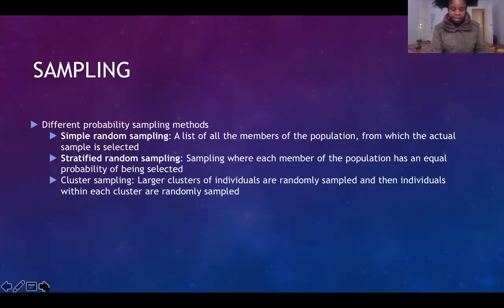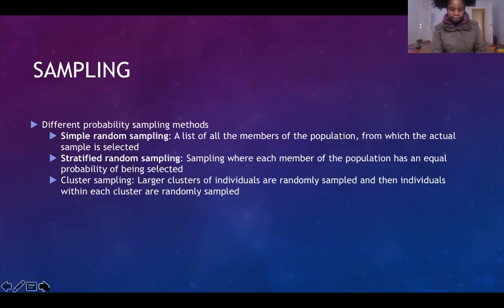So simple random sampling is done in such a way that each individual in the population has an equal probability of being selected for the sample. Stratified random sampling is one in which the population is divided into different subgroups or strata, usually based on a demographic characteristic, and then a random sample is taken from each stratum. And then cluster sampling is done in which larger clusters of individuals are randomly sampled, and then individuals within each cluster are randomly sampled, okay?